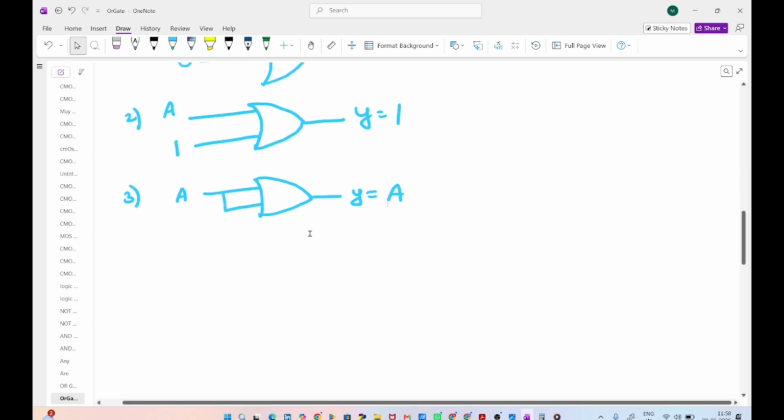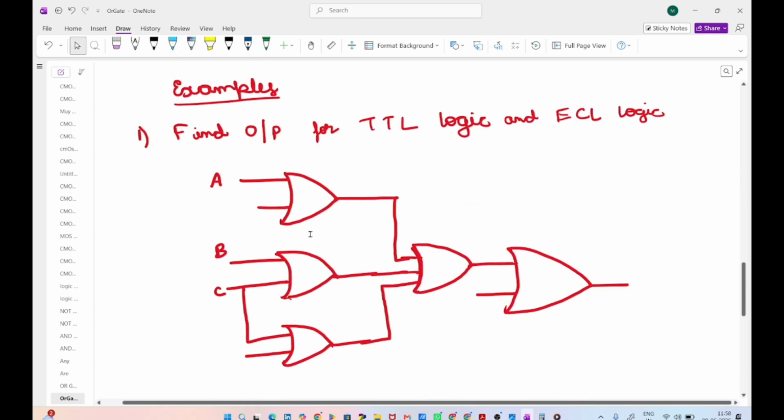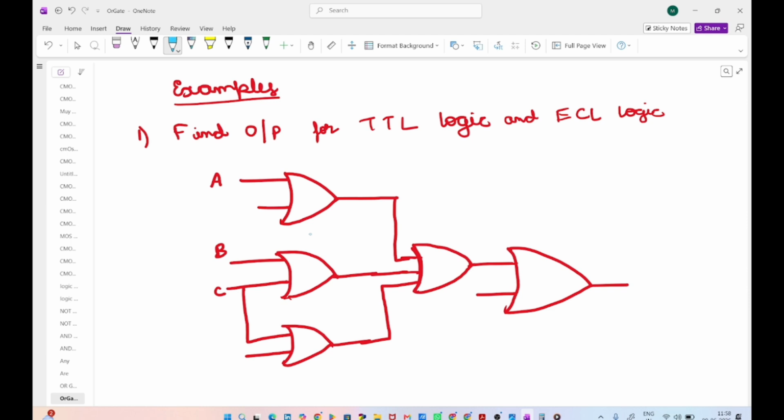Guys, next let us solve some problems. Here we have to find output for TTL logic and ECL logic. In TTL logic, we know that the not connected terminals are logic 1. Write it here. Not connected terminals is logic 1.